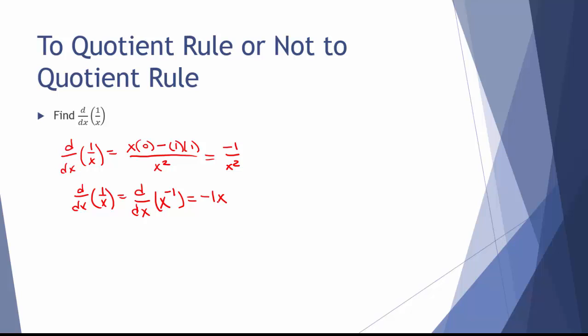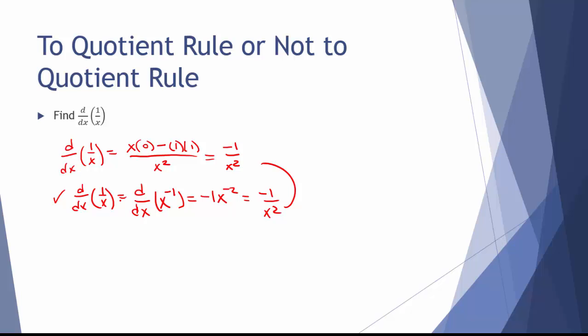You then have x raised to the new power of -1 minus 1, also known as -2. Well, that's the same thing as -1 over x squared. So notice whether you use quotient or whether you first rewrite and use power rule, you get the same result. When you run across a problem where you get a choice, the power rule is probably a little bit faster.